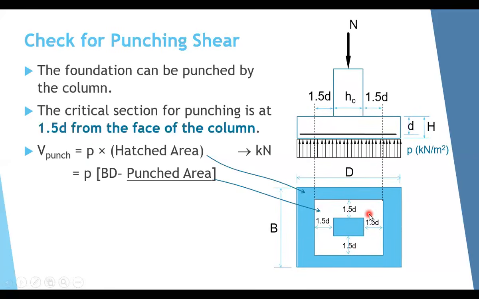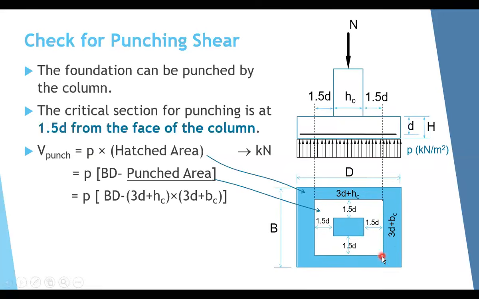And to get the punched area is again not difficult. You have 1.5D here and 1.5D here, and this is the H of the column, so the total distance from here to here equals 3D plus HC. And from the other side, it equals again 1.5D plus 1.5D, which is 3D plus B of the column.